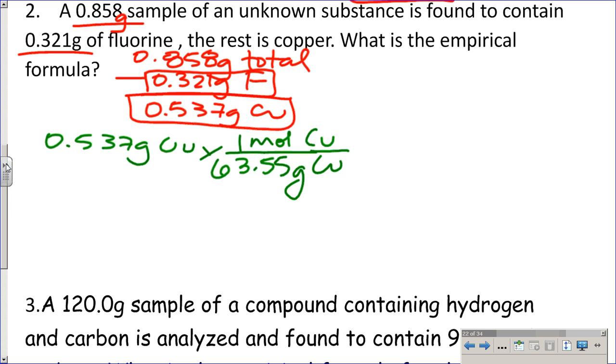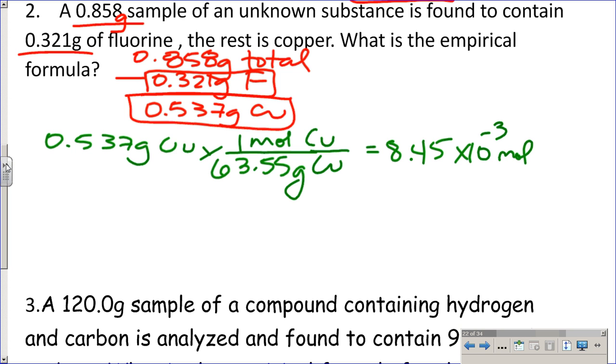You just looked on the periodic table and found 63.55. Okay? So this is going to get you moles of copper, which I'm going to write in scientific notation though. Don't be scared. 8.45 times 10 to the negative 3 moles, which is 0.00845. I just don't like leading zeros. It's just who I am, I'm sorry.